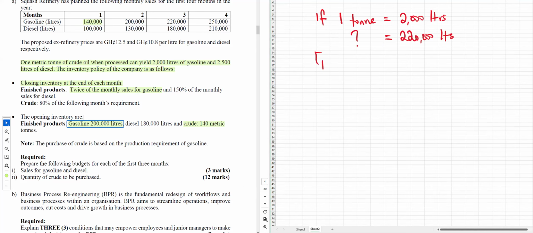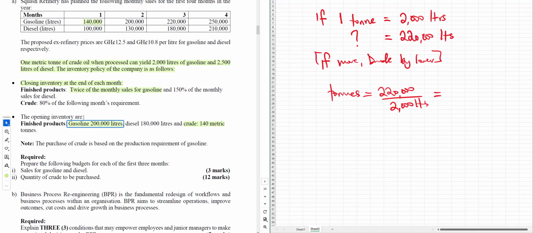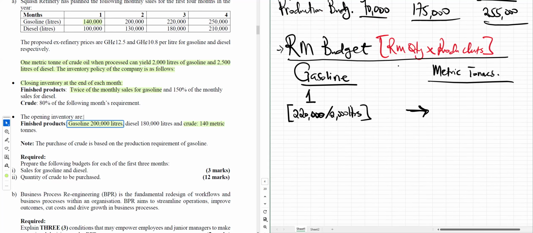The one you are finding is always on top. So if more, divide by less. To get the number of tons of crude oil, you take this 220,000 and divide by the 2,000 liters.